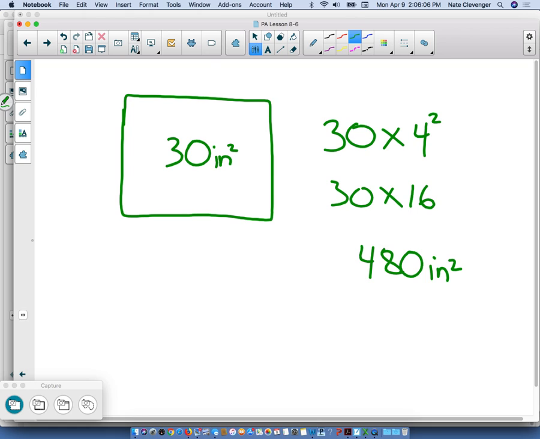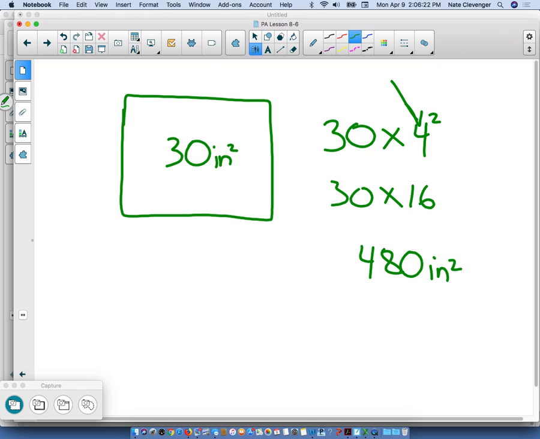Okay, we did this part in the past. When you multiplied by a scale factor on a model situation, or if we're getting bigger or smaller, we squared whatever that scale factor was. Okay, that's what we did right there.